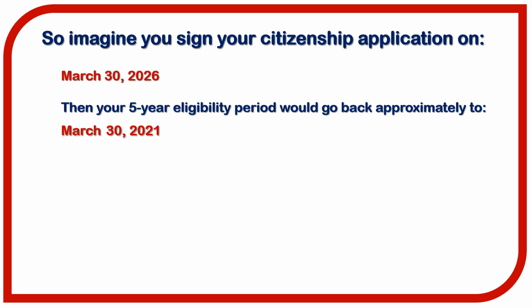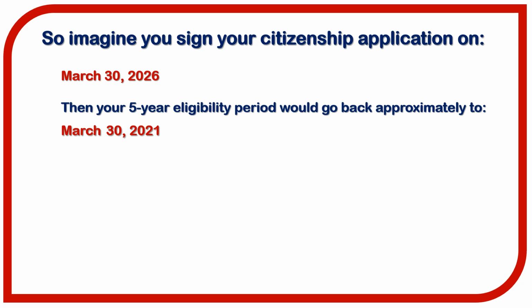IRCC will examine that 5 year window and count how many days you were physically present in Canada during that period. This is why the date you sign the application matters. If you sign earlier, you may have fewer eligible days. If you wait longer, you may gain more eligible days. That is why some people wait a few extra weeks or months before applying just to build a stronger buffer.